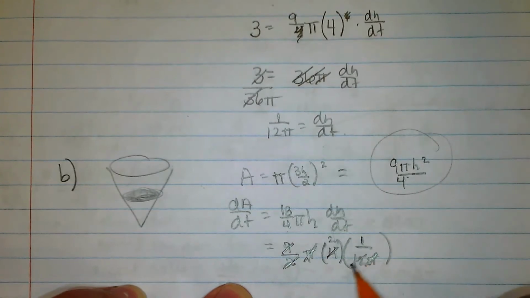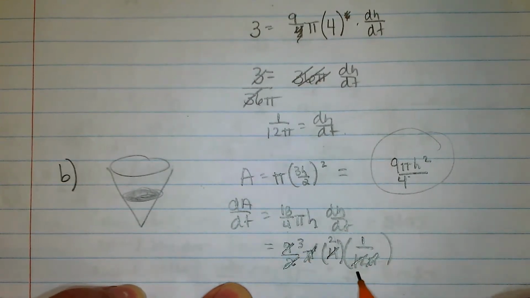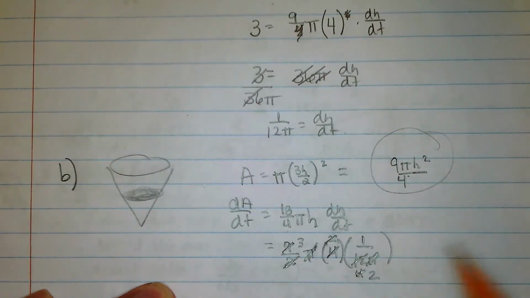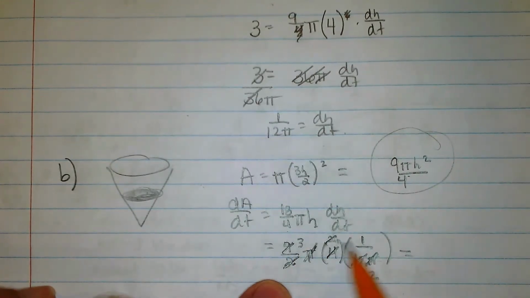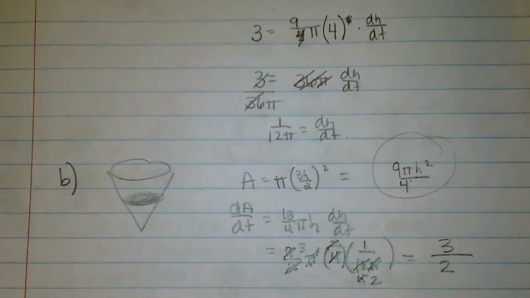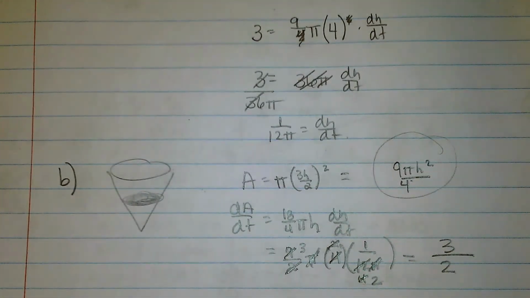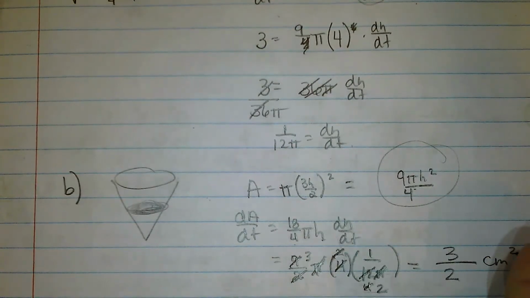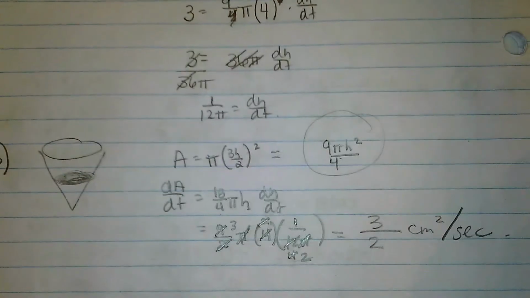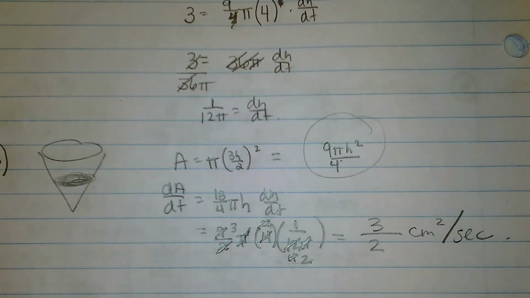The 9 and the 12 reduce to 3 and 4. This 2 and 4 reduce. So I end up with just 3 on the top and 2 on the bottom: 3 halves. It's the rate of surface area, and we are in centimeters, so area is centimeters squared, and it's a rate, so it's per second.